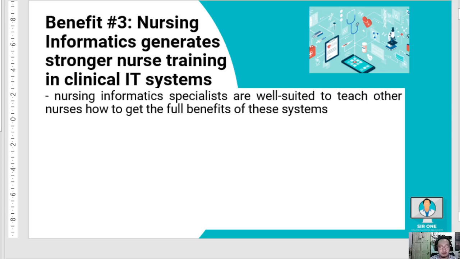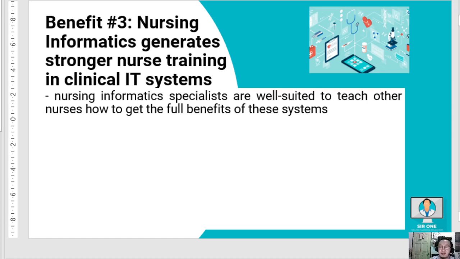No paper for lab requests, no paper for pharmacy requests, no paper for supply requests, no paper for charts. All paperless, all digital. So yes, you as a nursing informaticist are very important in the development of those systems.